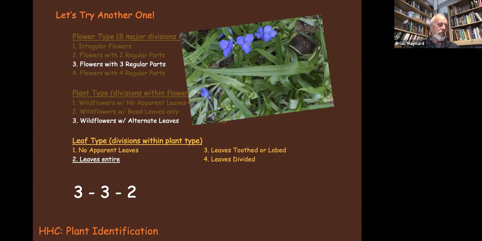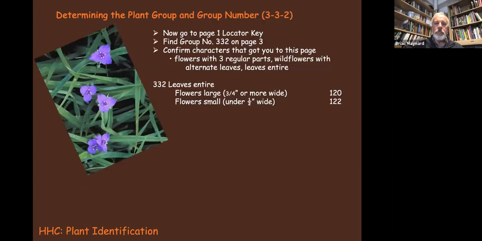So go to page 1 of the book, the locator key here on page 1 of the book. Look in the left column and page down until you get to 332. And 332 is at the bottom of page 3 of the book. Confirm the characters that got you here.